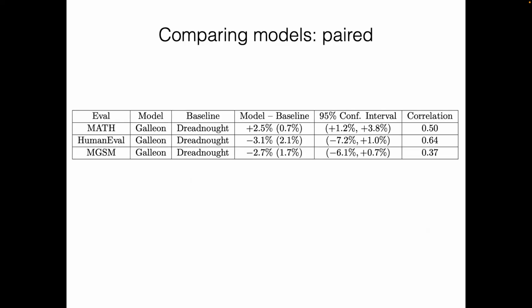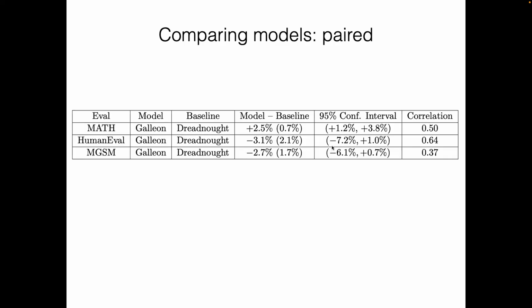So now you could look at the final table, and this is using all these different methods. Now we can look at the difference between the model and some baseline. And so here it looks like on the math data set, what can we conclude? First of all, the 95% confidence interval doesn't include 0 for this difference. So we could probably conclude that this is a real advantage of this model on this data set.